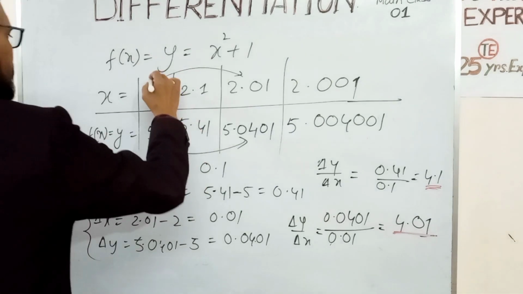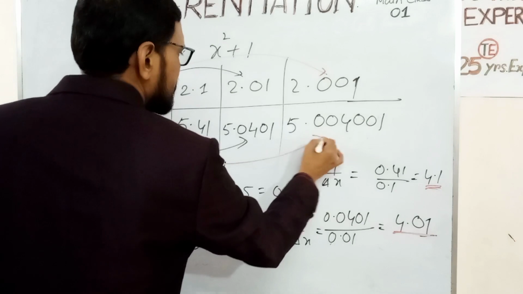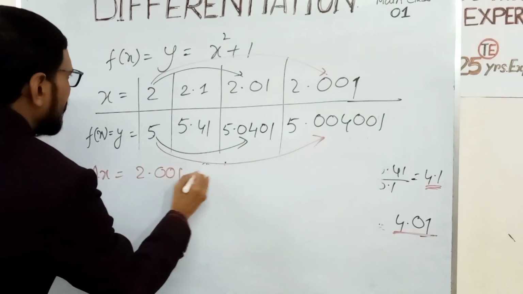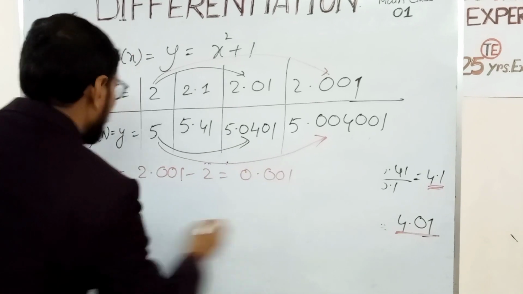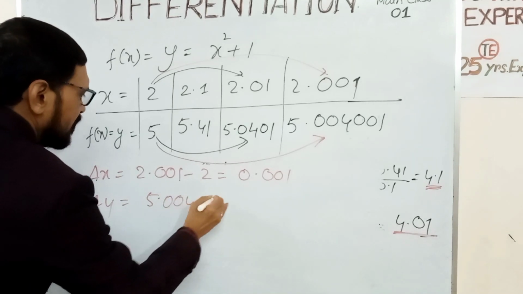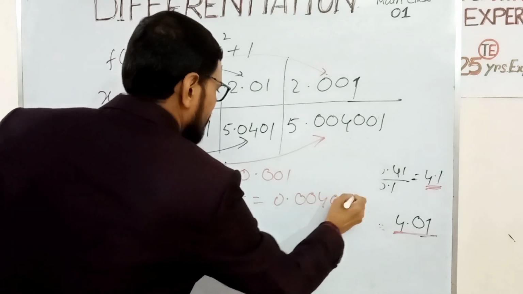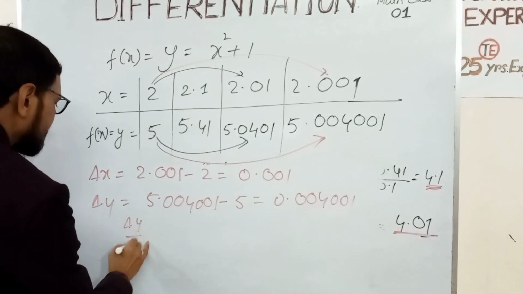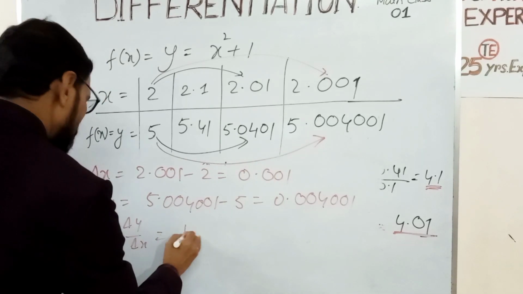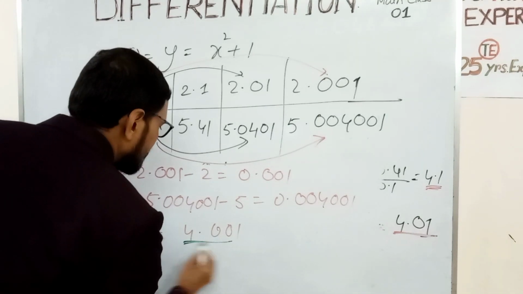Now if we increase the value of x from this to this, then y becomes this to this, delta x is 1, and delta y is 1. So delta y by delta x equals this by this, which becomes 4.001.